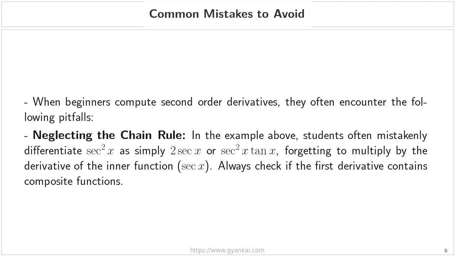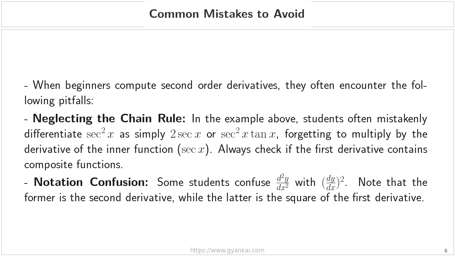A common mistake is to incorrectly differentiate this as simply 2 times secant x, or perhaps secant squared x times tangent x. This happens because the student forgets to multiply by the derivative of the inner function, which is secant x. My advice is to always carefully check if your first derivative contains any composite functions before you proceed to the second stage of differentiation.